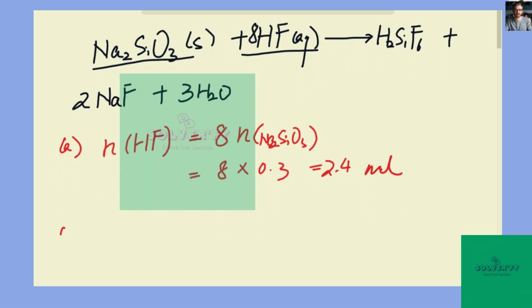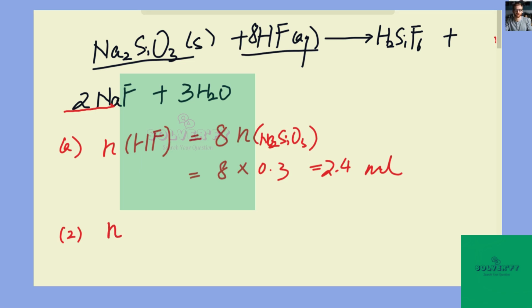And the second question is how many grams of sodium fluoride form when 0.5 moles of HF reacts? As you can see, every time you produce 2 moles of sodium fluoride, you actually consume 8 moles of hydrofluoric acid.